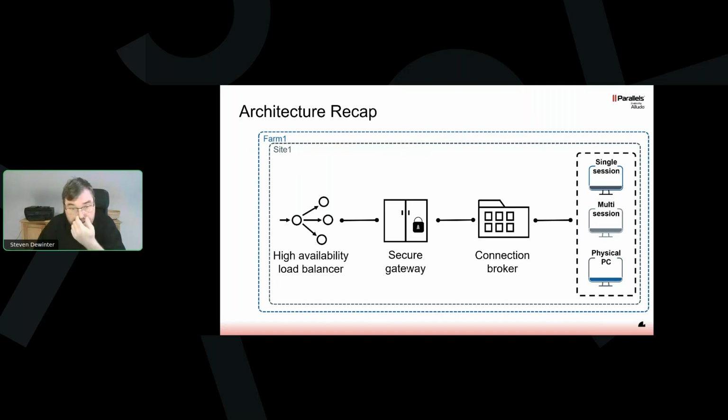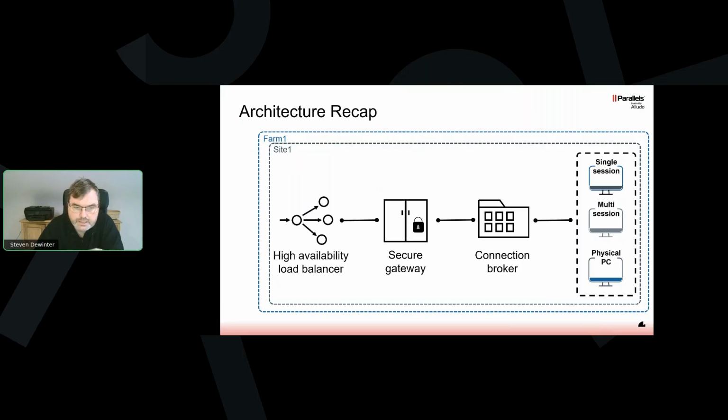The secure gateway is the component which the clients connect to, and the connection broker is, let's say, the brain of the system. Based on the user identification, it will list which applications or desktops or maybe even physical PCs that a certain user can connect to.